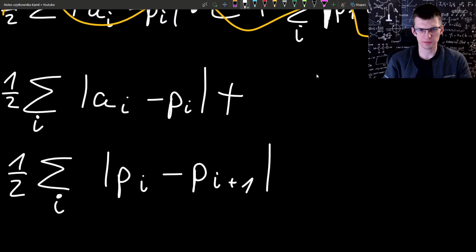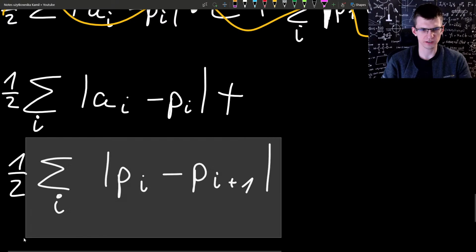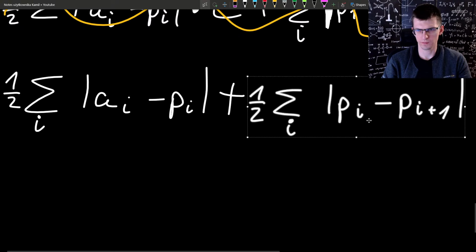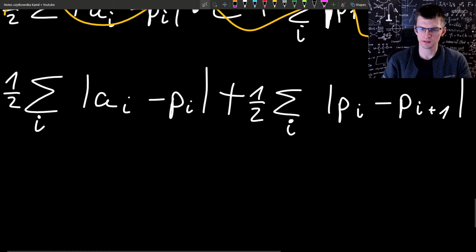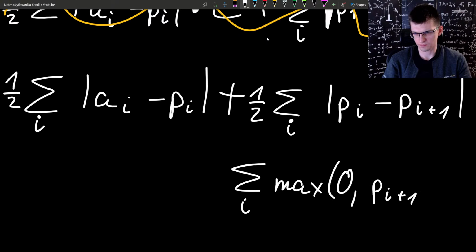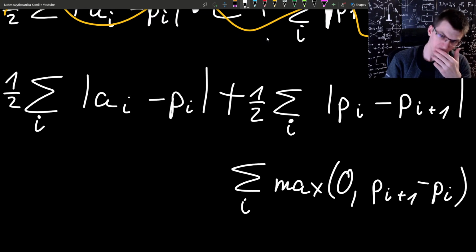But they say it's better to transform the second term. And indeed, we can focus on just increases as well, because every increase corresponds to some decrease. This without a half now, it will be sum over max of 0 and this. Could also say P_i minus P_i+1. Now we avoid double counting.